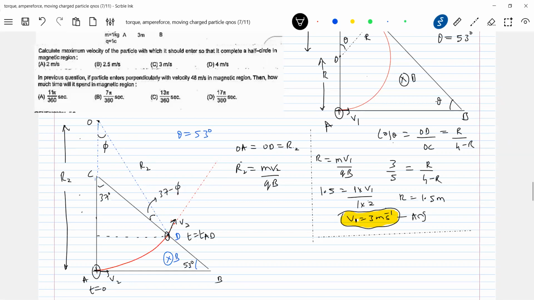So what all we know? We know radius R, so we know OD. We know OD on one side, and what we need is that angle phi. So do we have anything about the OC, can we calculate it?